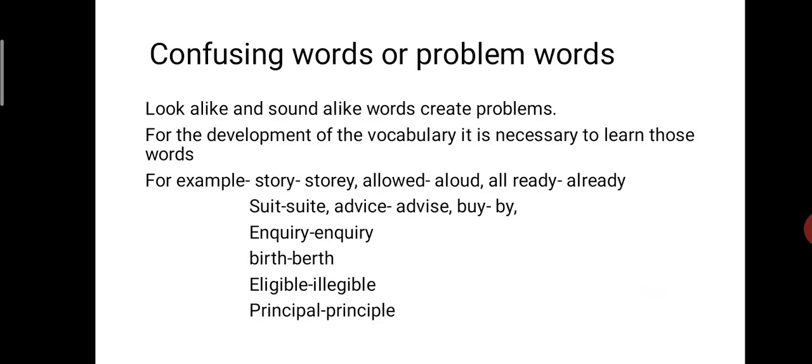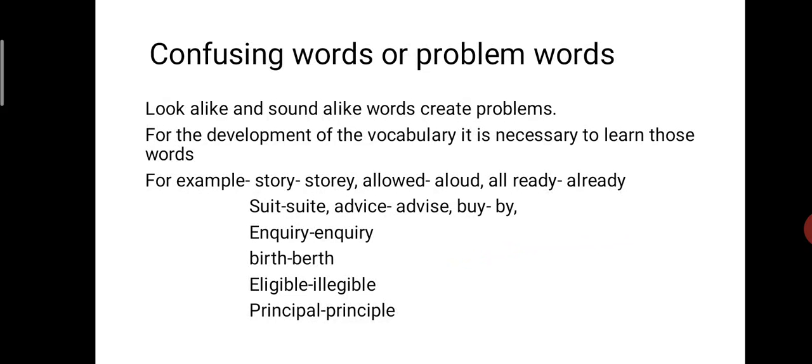First, story, story. One is a story which we tell to each other, and the other is a storey in a building. Allowed, aloud. Next, already, all ready. Suit, suit. See, here the pronunciation is the same, but the spelling is different and the meaning is different.